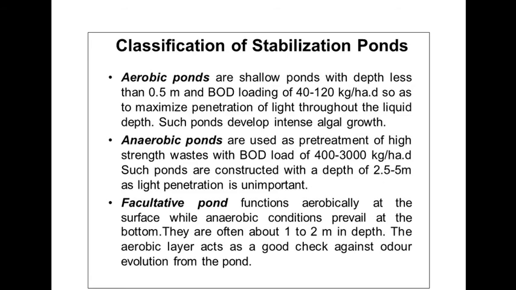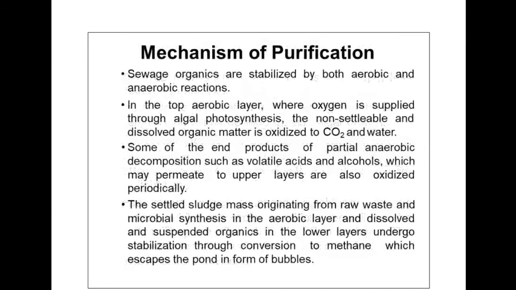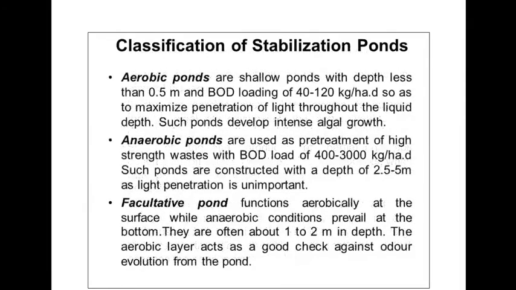So a facultative pond consists of two conditions: the surface acts as an aerobic zone, and the bottom acts as an anaerobic zone, and the depth of this pond varies from 1 meter to 2 meter.